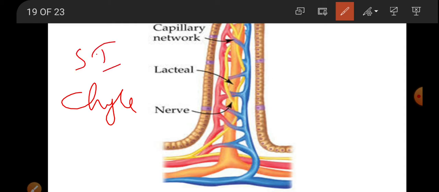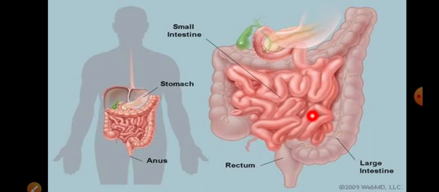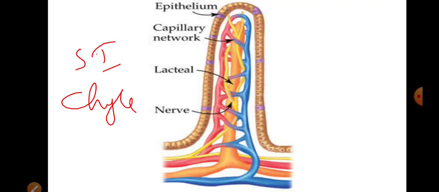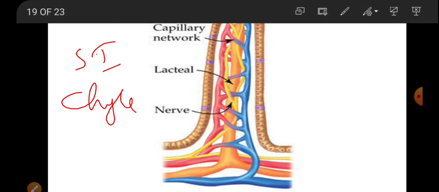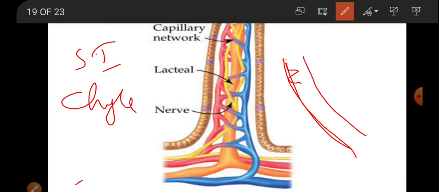Now when you observe the walls of the small intestine, in the inner lining of this small intestine, children, you will find some finger-like projections on the inner side of your small intestine.